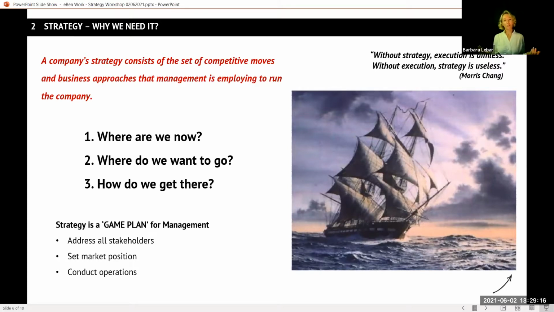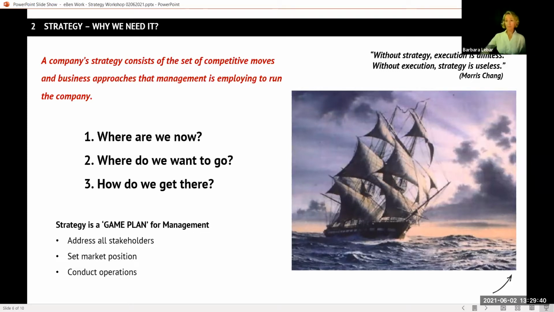When we think about the strategy, we are always thinking about, okay, who are our target customers? So who is our target audience? How do I need to behave, what do I need to provide towards my target audience in order to achieve the vision? Then how we want to position ourselves on the market.